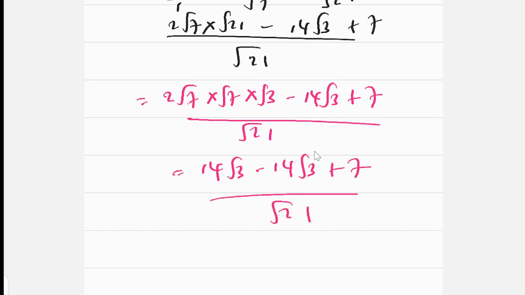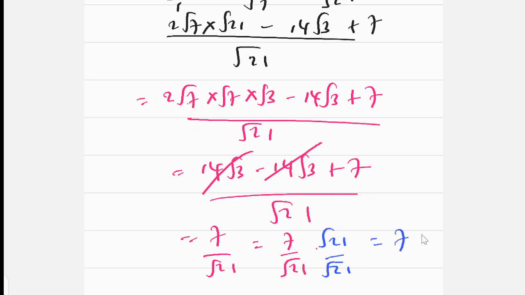And 14 root 3 minus 14 root 3 will give you 0. Then you have 7 over root 21. Then you have to rationalize this. Then this will give you 7 root 21 over root 21 times root 21. That will give you 7 root 21 over 21. You see, we have the same result.